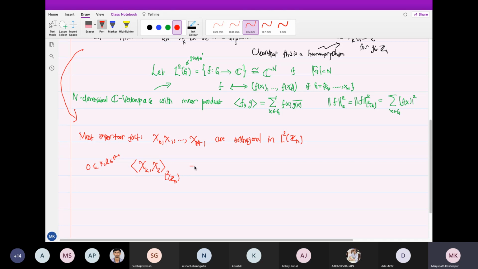What is that inner product? By definition, here it is just the sum over Zn, j equals 0 to n minus 1, of chi k of j and chi L of j conjugate. That is e to the 2 pi i kj over n, and since we are conjugating, it will become e to the minus 2 pi i Lj over n.